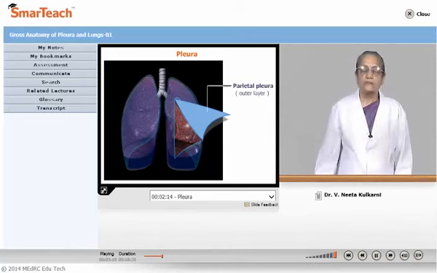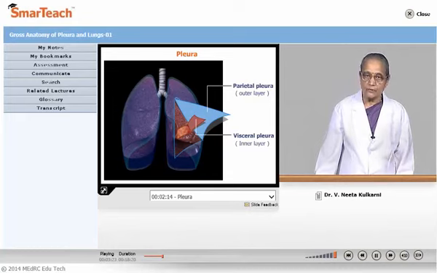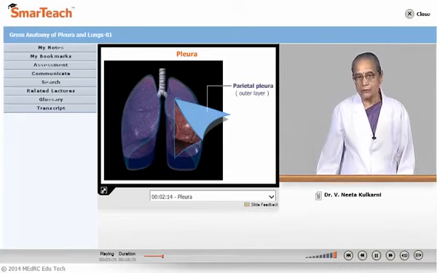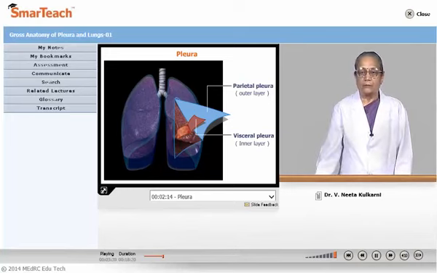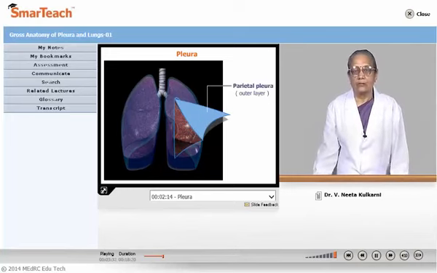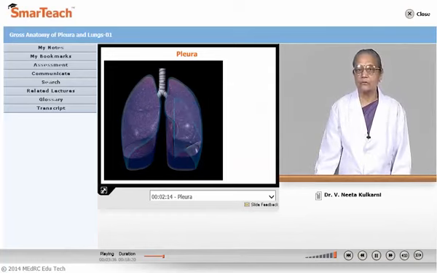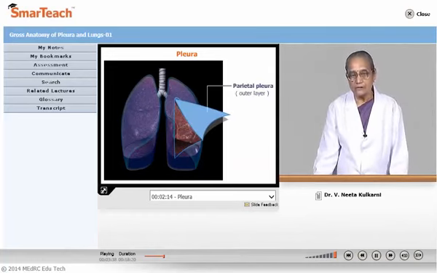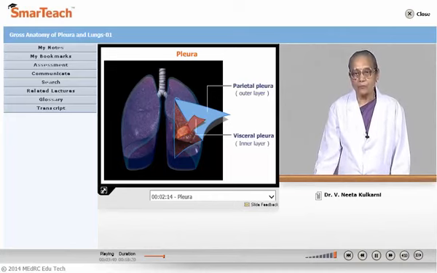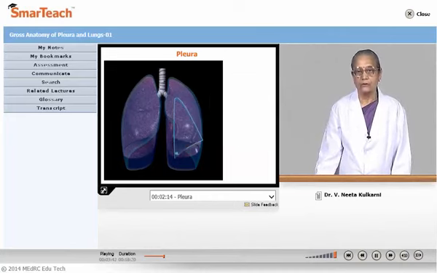Now, the visceral pleura develops from the splanchnopleuric mesoderm, while the parietal pleura develops from the somatopleuric mesoderm. And the blood vessels of the parietal pleura are from the blood vessels of the parietes or the body wall, and the blood vessels of the visceral pleura are from the lung or the blood vessels which supply the lung.